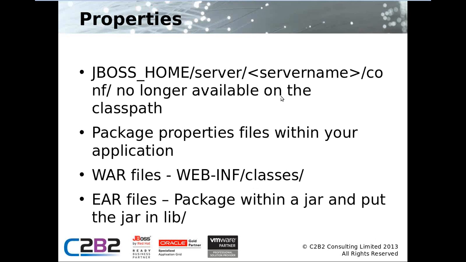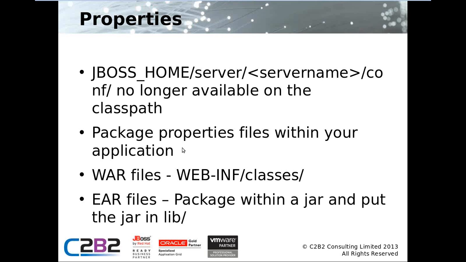Another change is properties files. In EAP5, you had the server/servername/conf directory available on the class path, so you could basically put properties files in there, and they were available on the class path of your application. This is now changed. To get those properties onto the class path, you need to package them within your application.